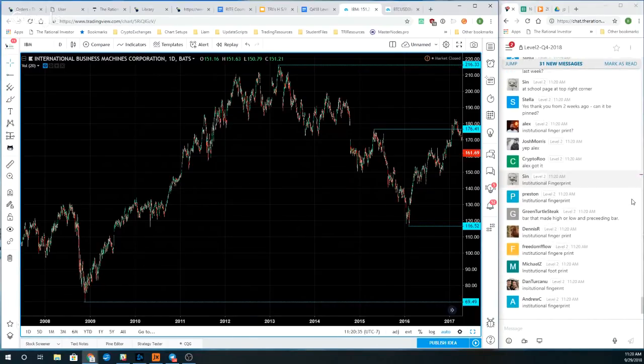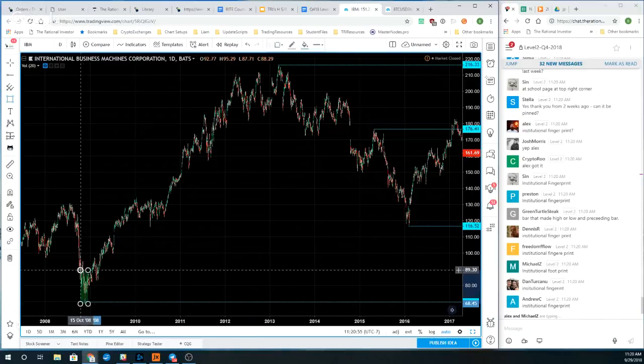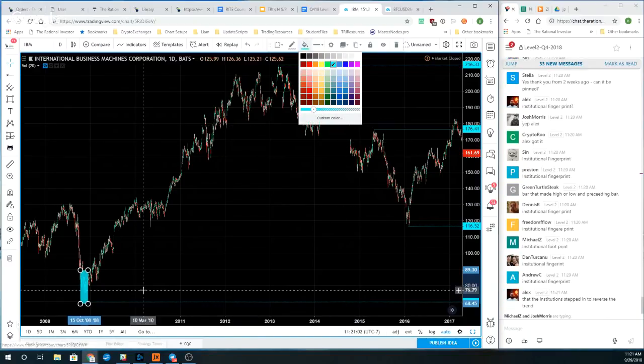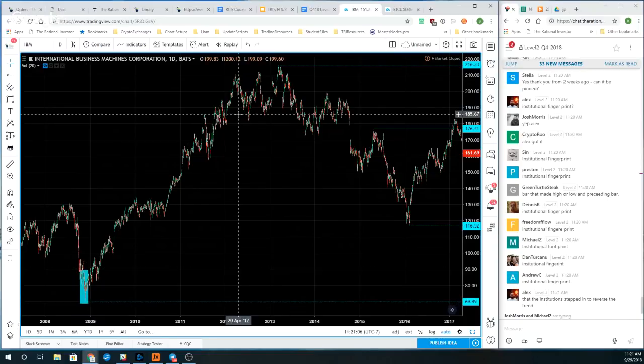So, what is implied about this concept called institutional fingerprint? It must mean something, right? And remember, the public always loses money at this game, so it's probably not the public that's acting here. If anything, the public's doing the exact wrong thing. But remember that concept of IFP, where literally somebody stepped in down here and said, wait a minute, you stop going down and you go up here.